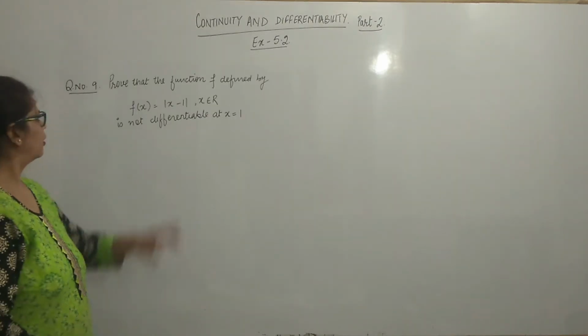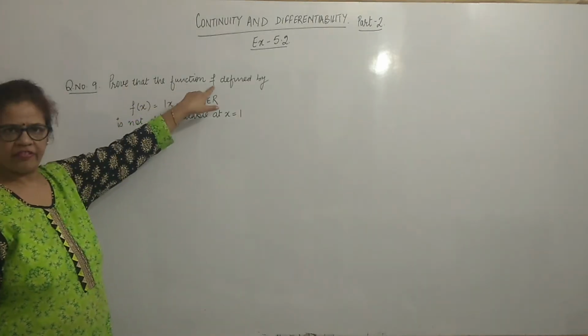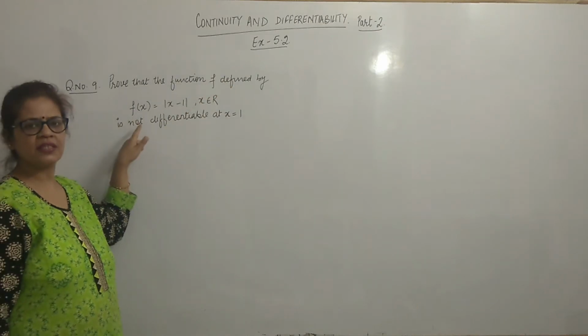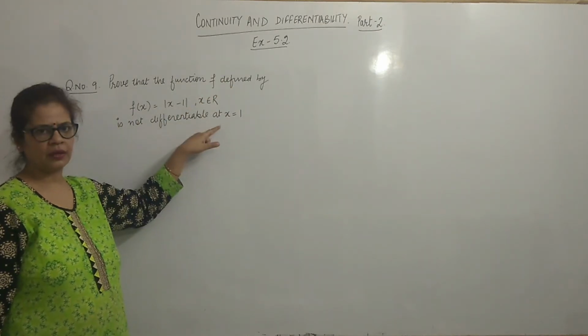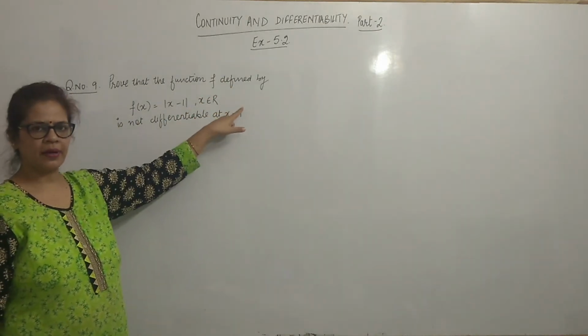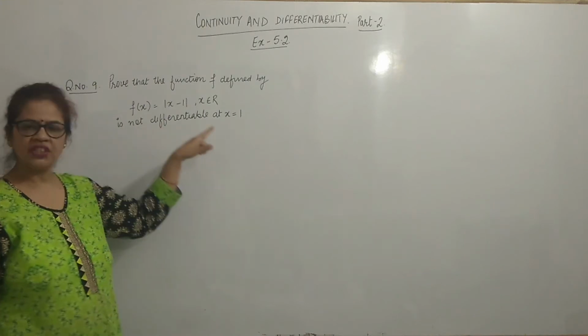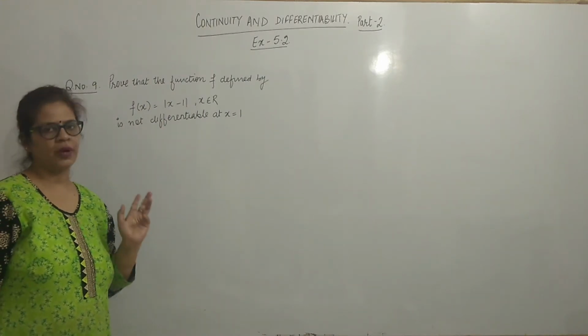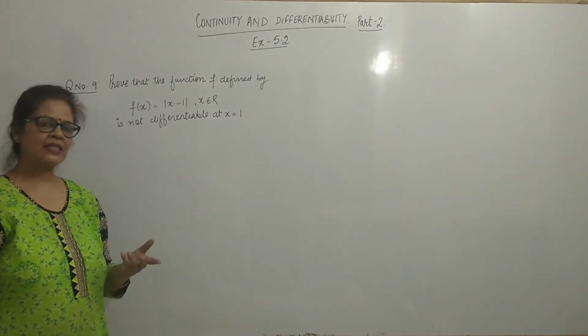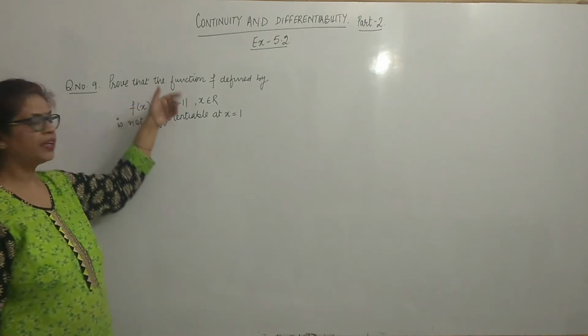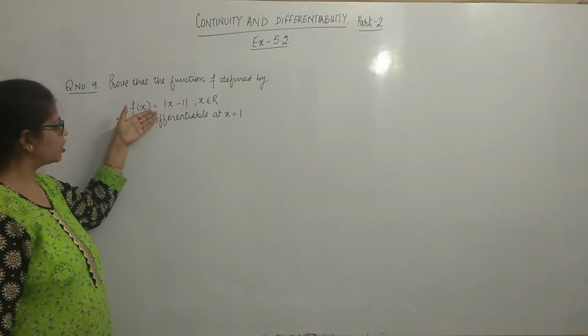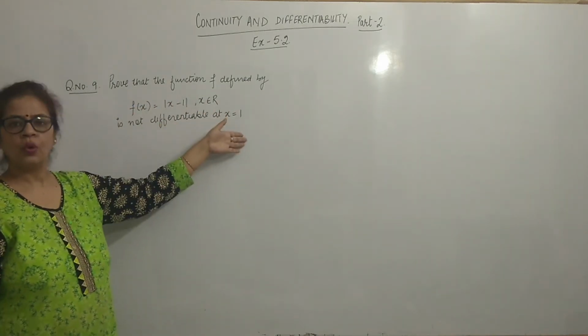Question is, prove that the function f defined by f(x) is equal to mod x minus 1, where x is a real number, is not differentiable at x is equal to 1. It may be asked as: check the differentiability of the given function f(x) at x is equal to 1.